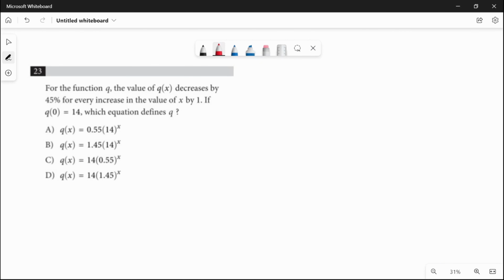For the function q, the value q of x decreases by 45% for every increase in the value of x by 1. If q of 0 is equal to 14, which equation defines q? So we will plug in 0 into the equations given.